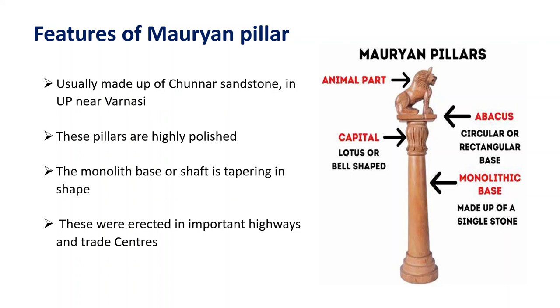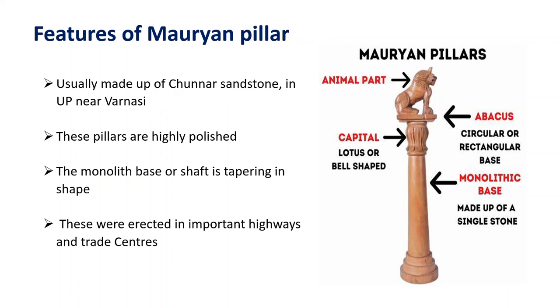These Mauryan pillar edicts are mainly made up of Chunar sandstone, which is from Varanasi, and it was transported mainly by water transport. These pillars have highly polished surfaces, and this part is called the shaft of the pillar, and it is monolithic.